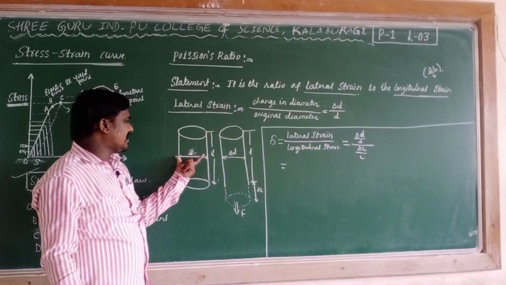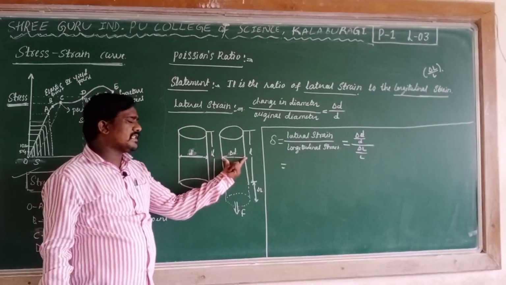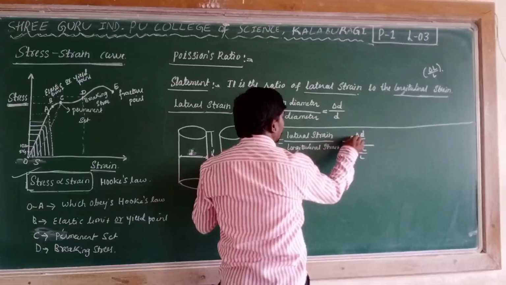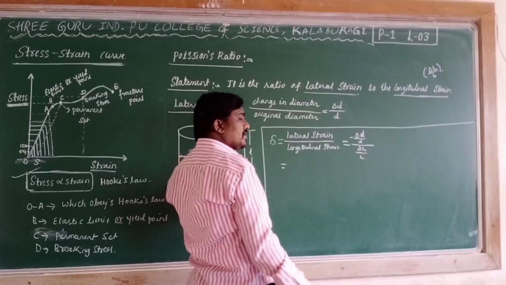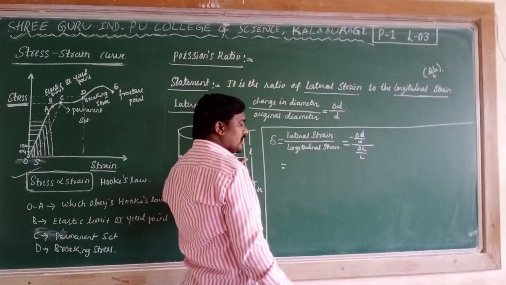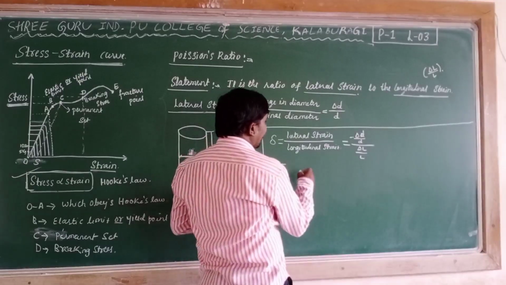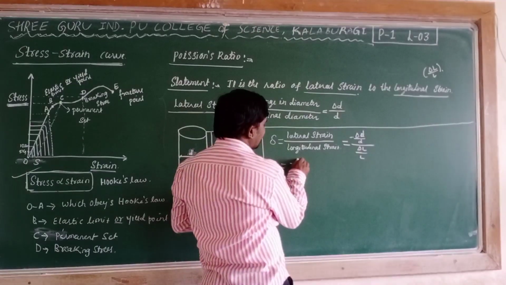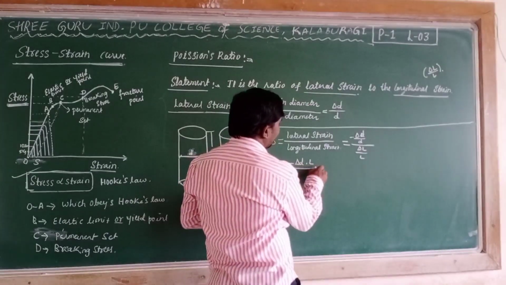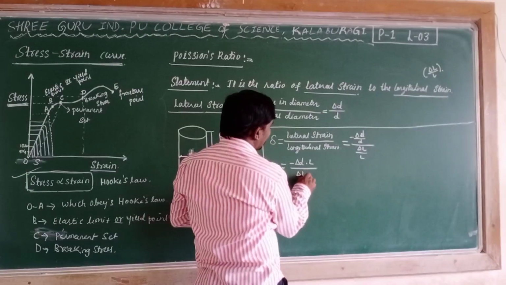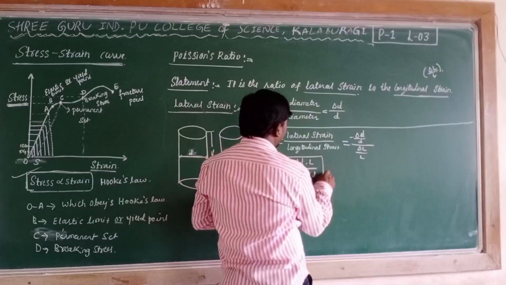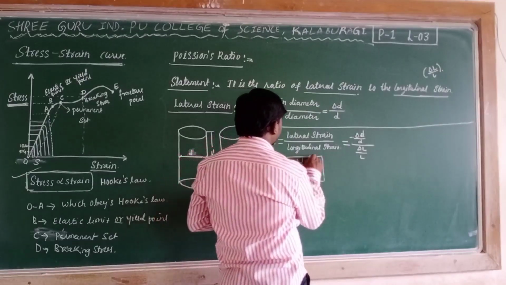Here this is the initial diameter, and this is the change in diameter. Change in diameter is definitely going to be negative. Why this negative sign? The negative sign indicates the decrease in its diameter. We can write it like this: minus delta d into L, whole divided by delta L into d. This is the expression for Poisson's ratio.